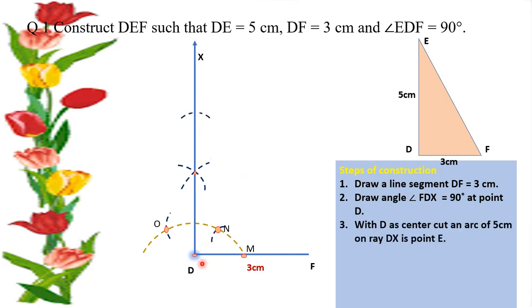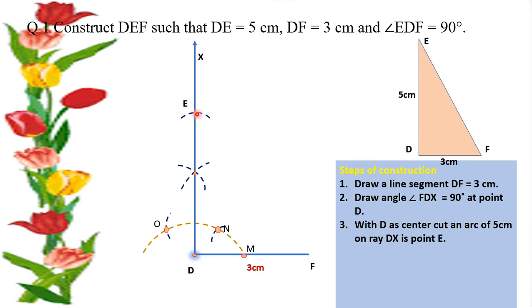Now we have to open the compass for a radius of 5 centimeters. Place the pointer at point D and cut an arc here. This arc and the perpendicular DX intersect each other at a point. This is the vertex E of the triangle.